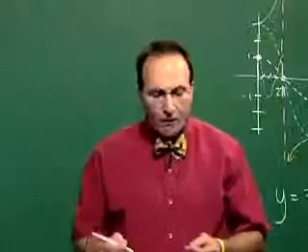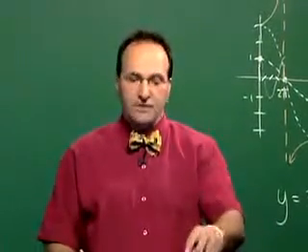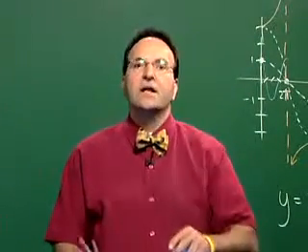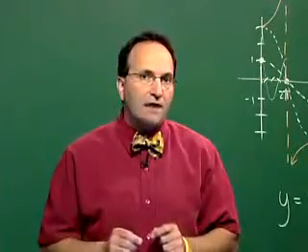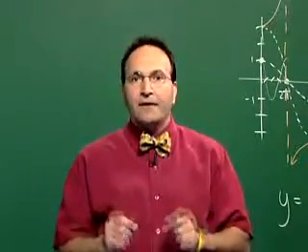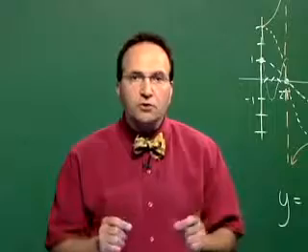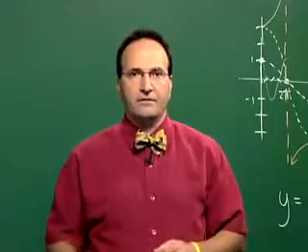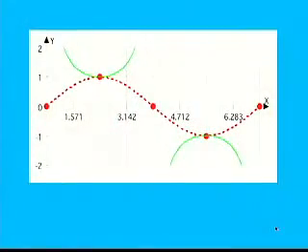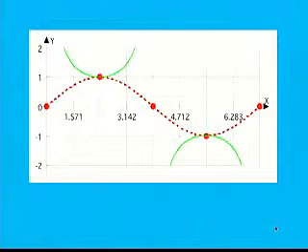So all we need to do is take this graph and draw our vertical asymptotes, and then we can draw our U-shapes based on the guide function. So let's take a look at that. Our vertical asymptotes are wherever the sine curve is 0.